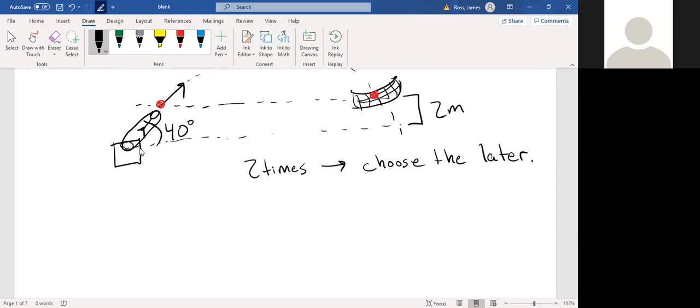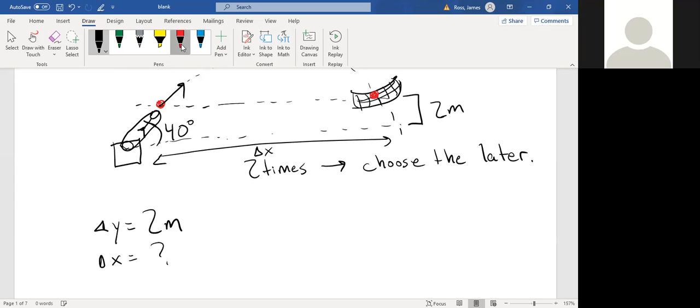All right, so there's our sketch. What does that tell us? That tells us that our delta y is 2 meters. We want to know where to put the net. That's our delta x. That's what we're looking for, right? We don't know t yet.